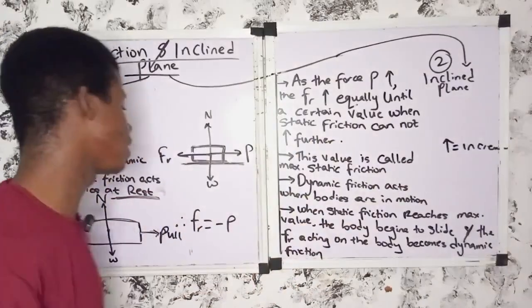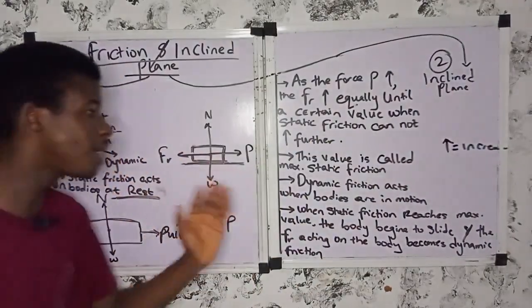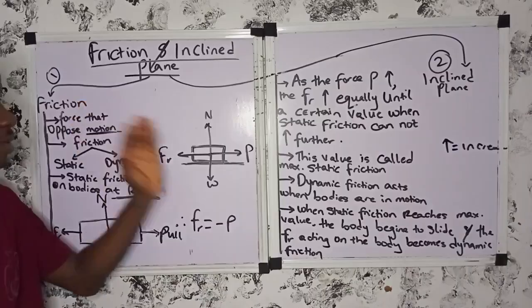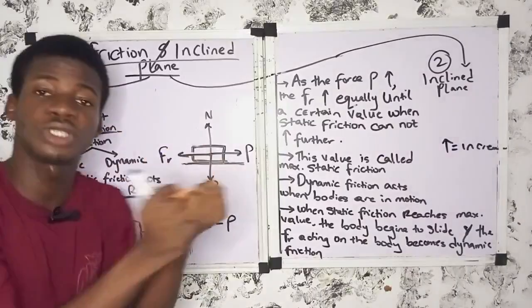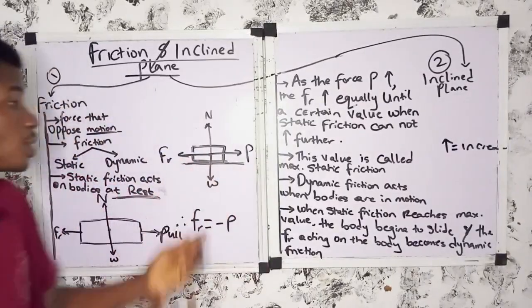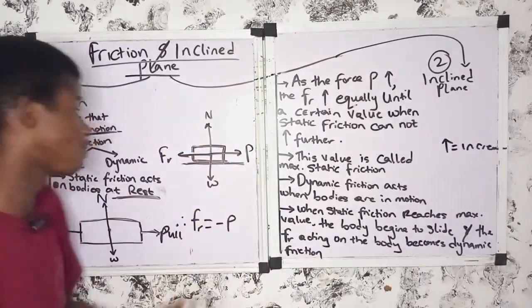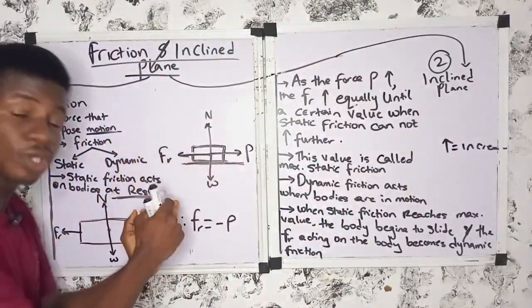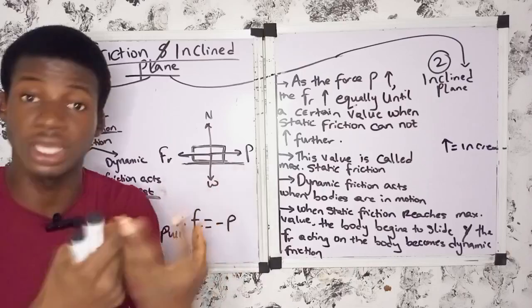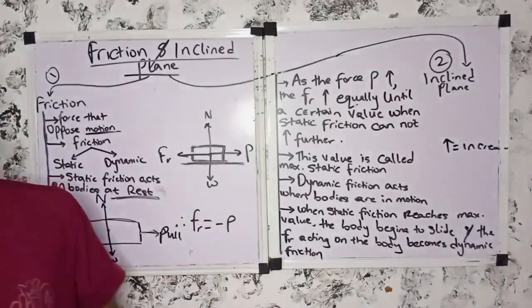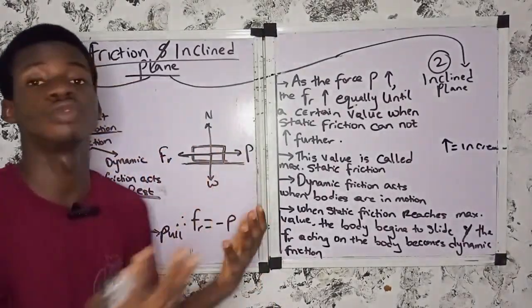Now let me break this down. Remember I told you that the body is kept stationary as a result of the frictional force and the pull force being equal. So based on the fact that they are equal, the body will not move.